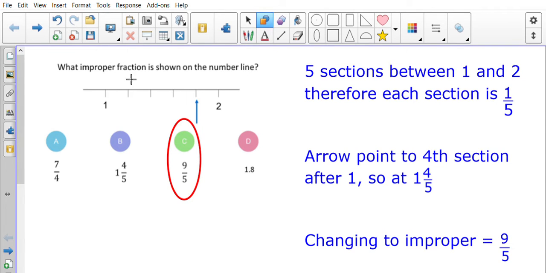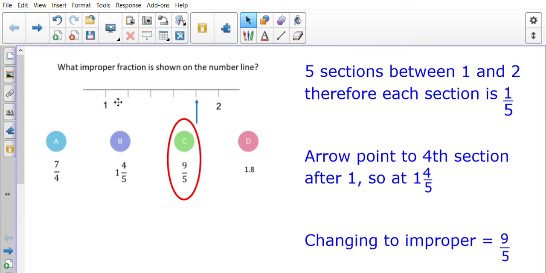So this question here, what improper fraction is shown on the number line? As you can see, what I've done is I've looked at how many sections are between 1 and 2 first of all. So starting from 1, you've got 1, 2, 3, 4, 5 sections.